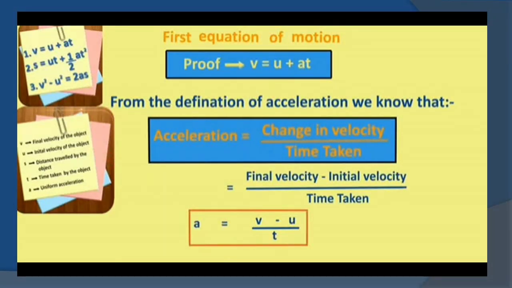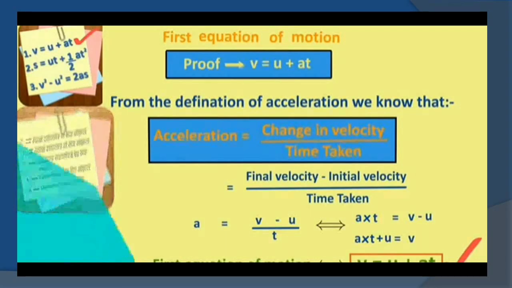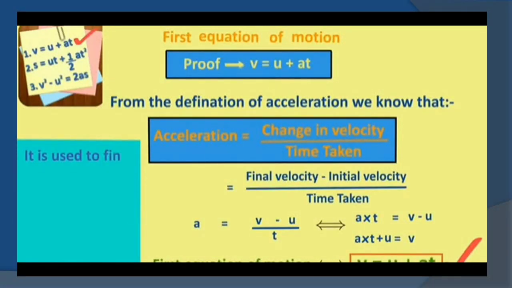So a is equal to v minus u upon t. By changing their places, we get v is equal to u plus at. So this is the derivation of the first equation of motion.